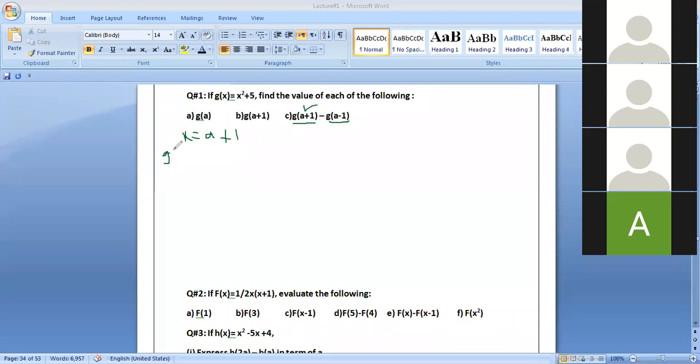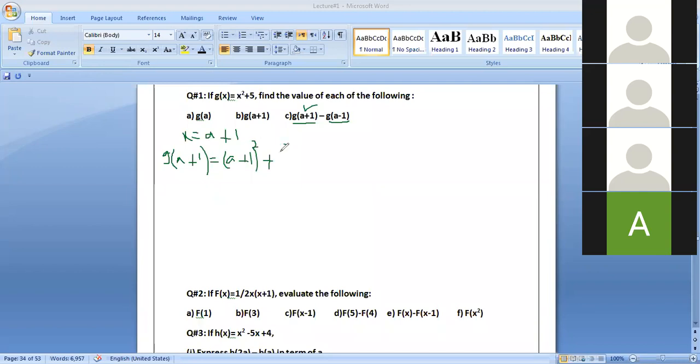It becomes g(a+1) is equal to, in place of x we are putting the value of x, it becomes (a+1) whole square plus 5.